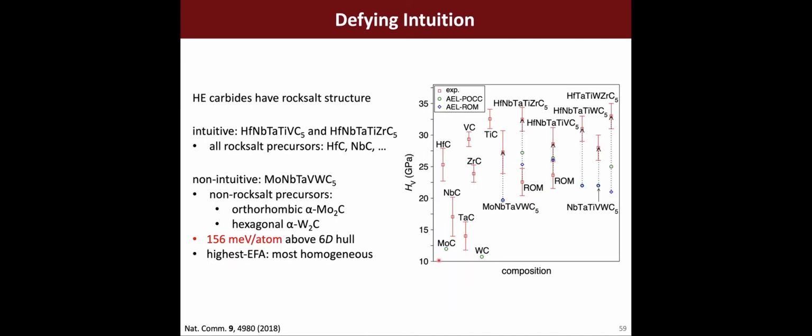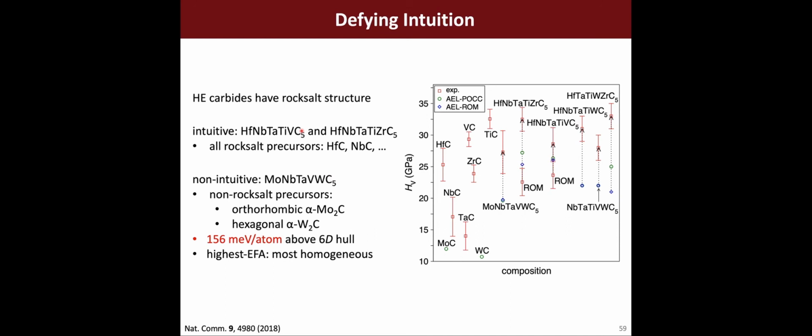From the perspective of an experimentalist, the formation of these solid solutions makes some intuitive sense, because if you look at all of the precursors, hafnium carbide, niobium carbide, tantalum carbide, titanium carbide, they are all rock salt structures.